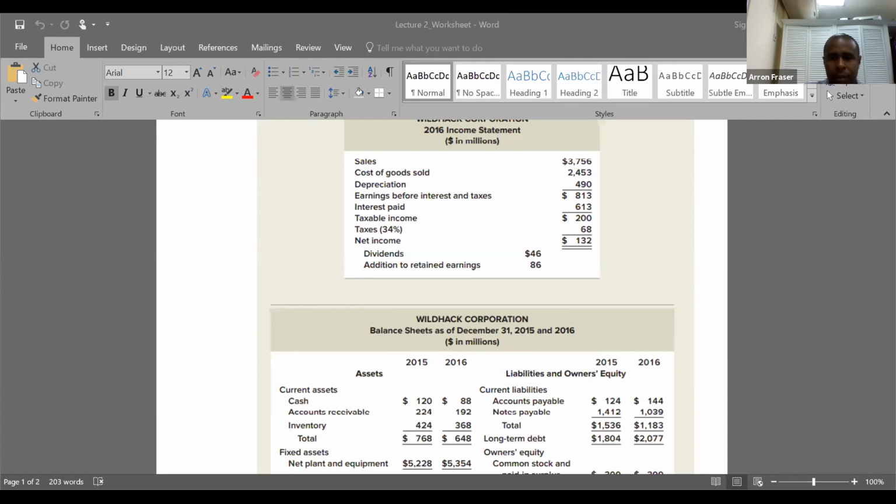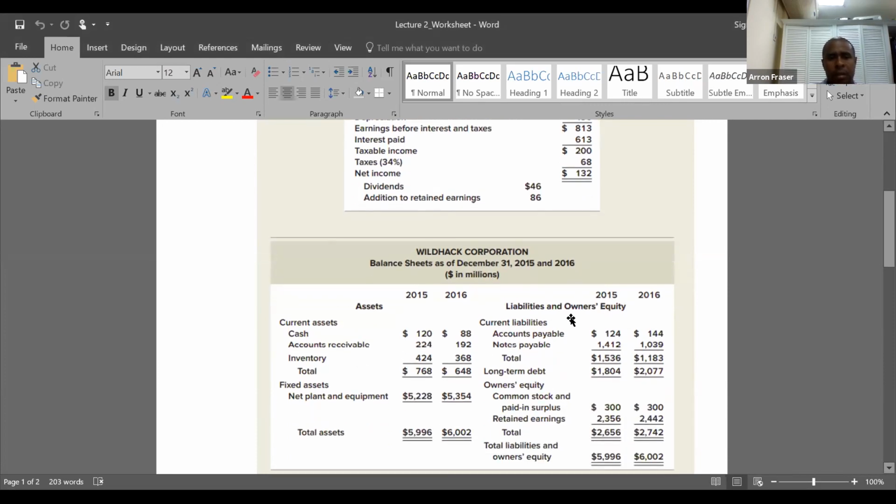Any questions on inventory turnover? What this ratio is saying is that inventory that you buy will turn over 6.7 times in the year. Any questions?